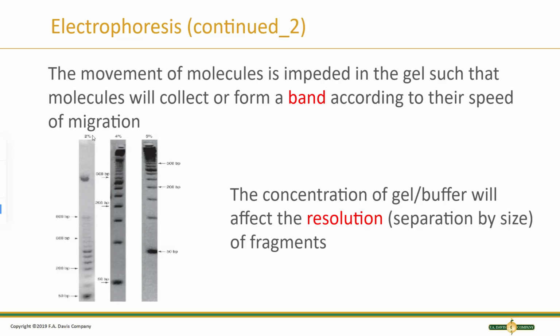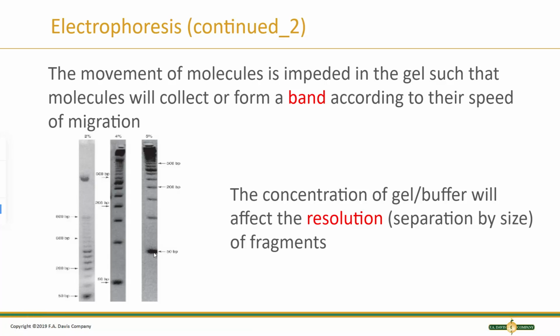Here you can see what it would look like separating bands at 2% versus 4% versus 5%. If we look at that last band, the 50 base pair, it'll go a lot faster through if it's only a 2% gel versus if it's a 5% gel. It'll go through a lot slower. The other thing we can mess with is the voltage applied.